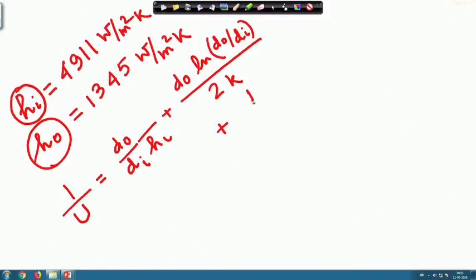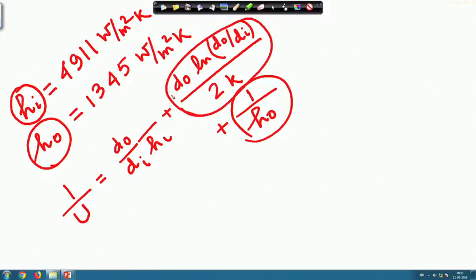Then we have 1 by h_o, this is the heat transfer resistance offered by the external, I mean the annular fluid. This is the resistance offered by the metallic part, and this is the heat transfer resistance offered by the internal fluid flowing through it.